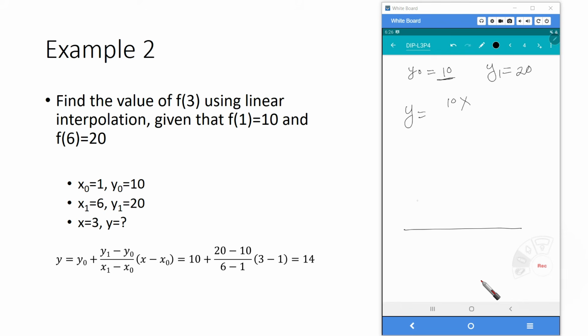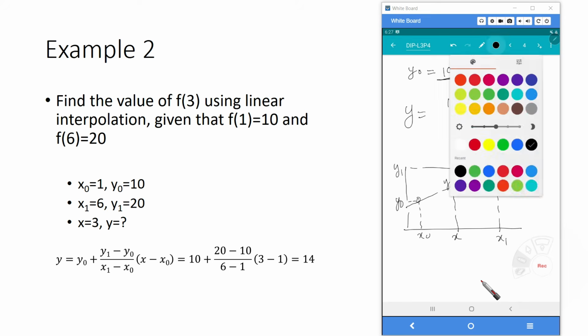This one is y0, this is x0, and this one is x1 and y1. And we want to calculate the value at this point.